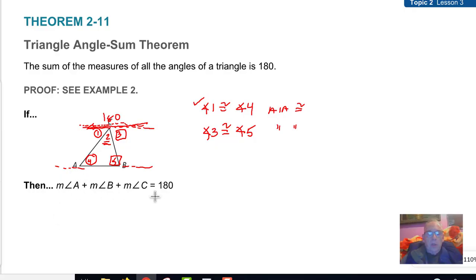So that's the demonstration that the sum of the inside angles in a triangle add up to 180 degrees. And example 2, there's a proof of that. Okay, let's move on.